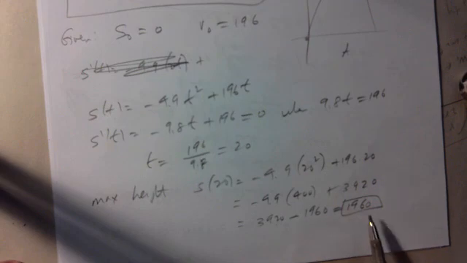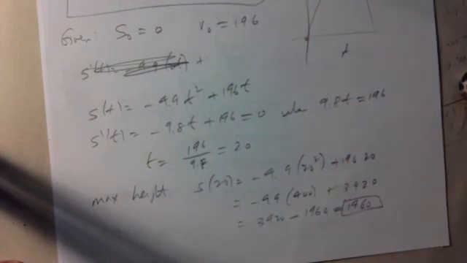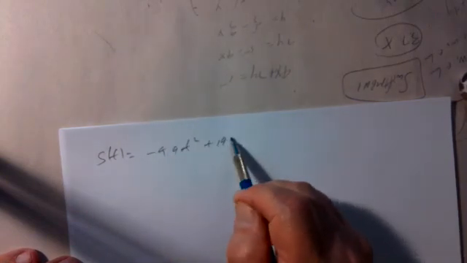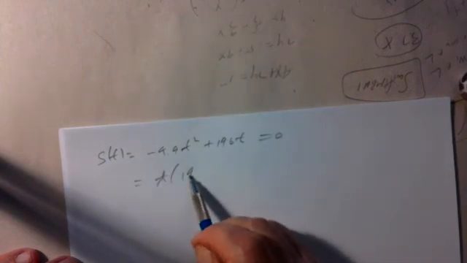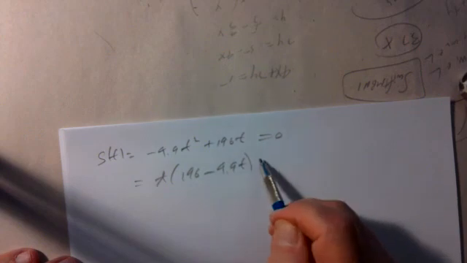And when does it hit the ground? It hits the ground when the height is 0. So we have the height, s of t, is minus 4.9 t squared plus 196 t. That's equal to t times 196 minus 4.9 t.